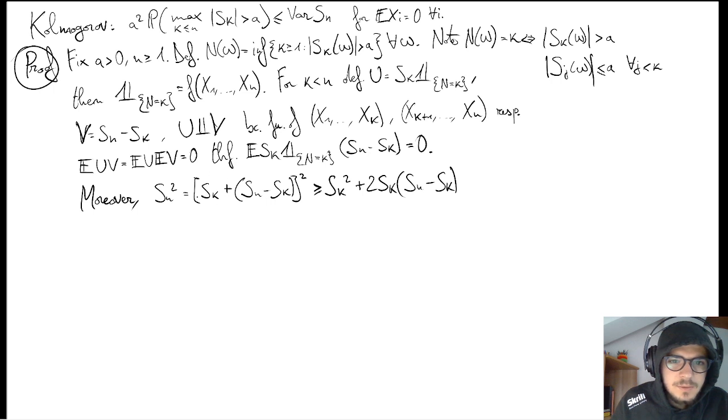This gets squared, this gets squared, and then we have 2 times this. So here we don't consider the square part, so this is greater than that.